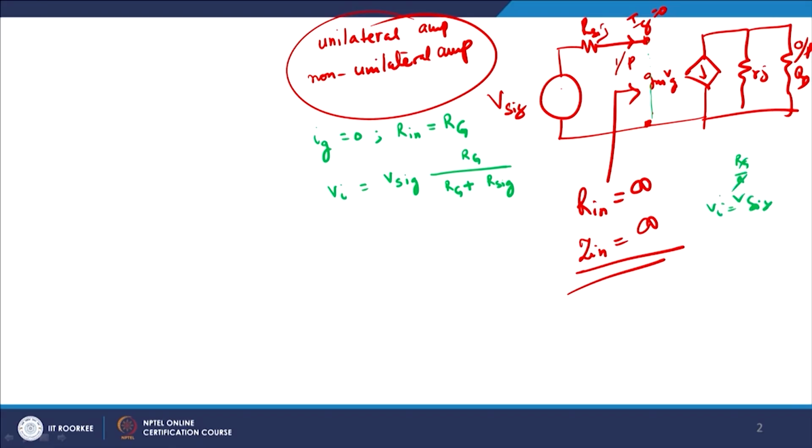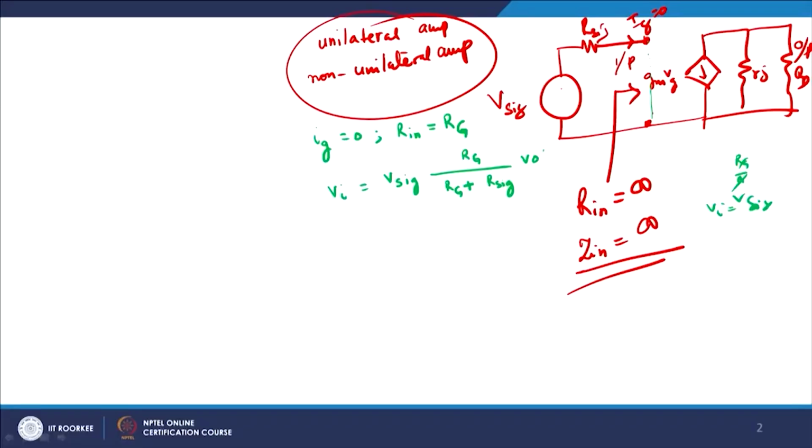That means ideally, if your MOS device would have shown you an infinite resistance, my input signal and my actual signal given by the voltage source will be exactly equal to each other, but since they are not, I will have a voltage divider network here, and therefore it gives me a value of Vi here.